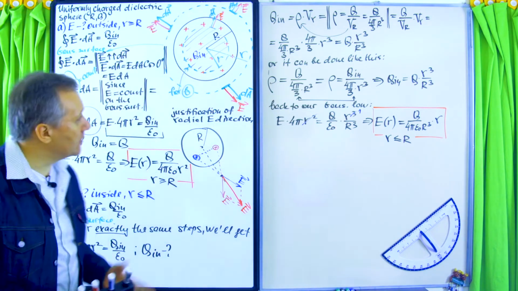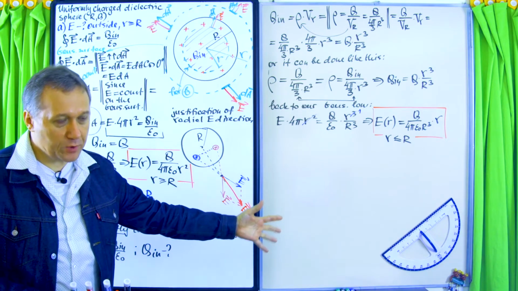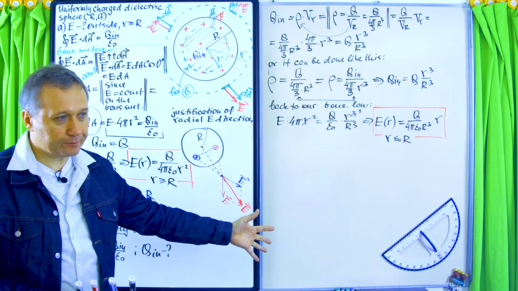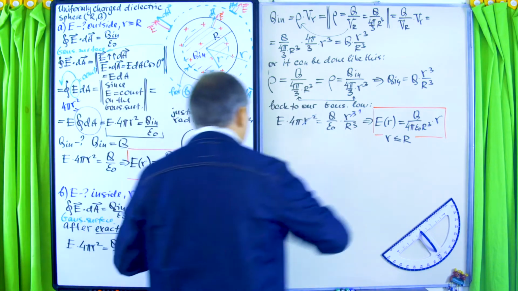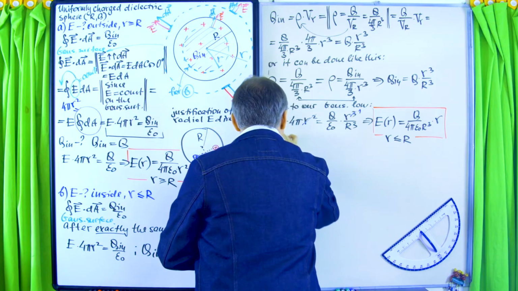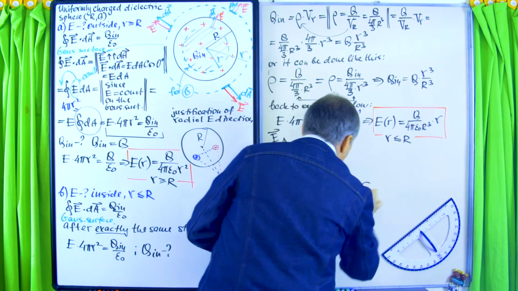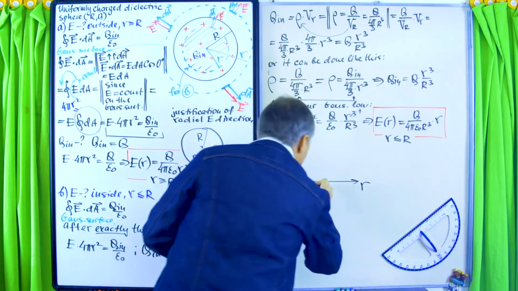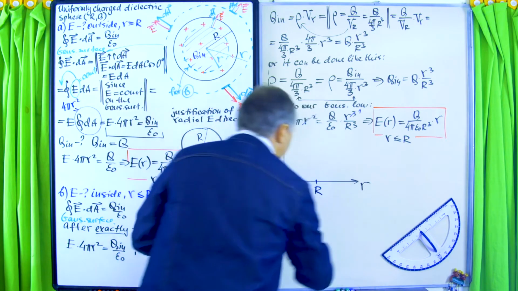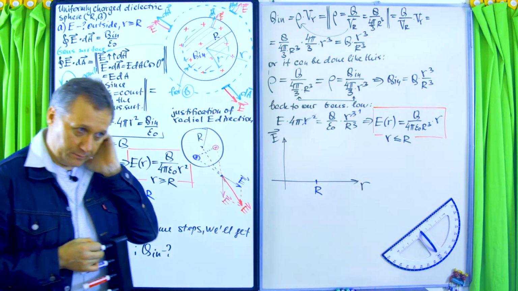Okay, so the last piece, let me just plot how electric field changes with radius. So what if I plot E versus R? And let's say this is the surface of the charged sphere.